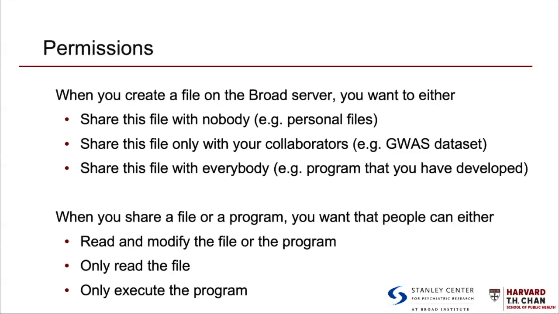Now let's say you have shared a file or a program. You want the people you work with to be able to either read and modify the file, for example, to modify a code, or you want them to be able to only read the file, for example, only read the genetic data in the file, but not modify or delete it. Or you have shared a program and you want to let people only execute the program and not read and modify it.